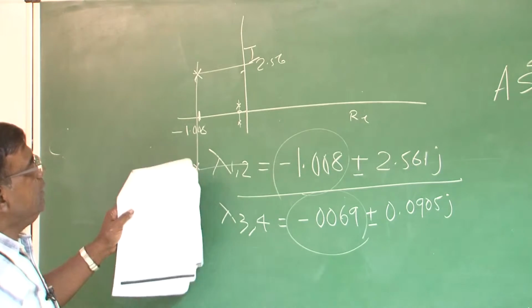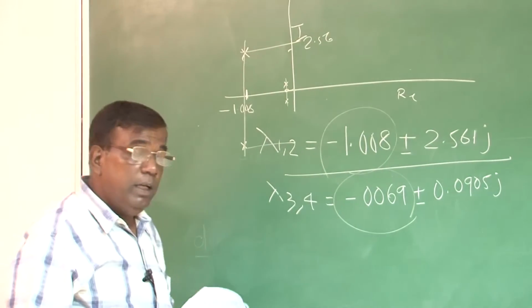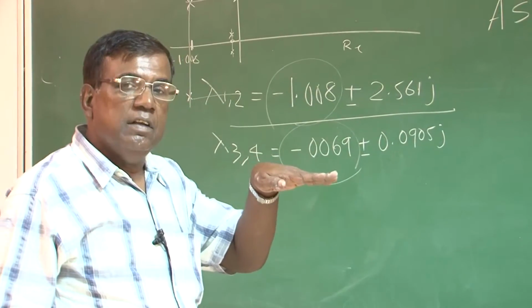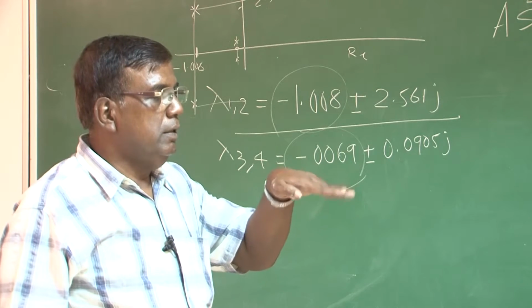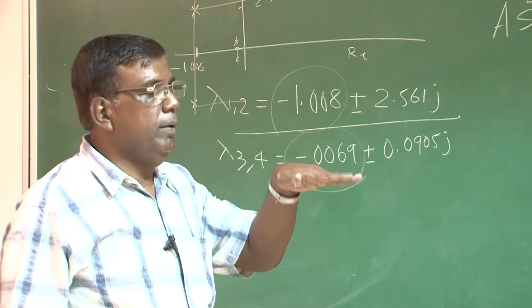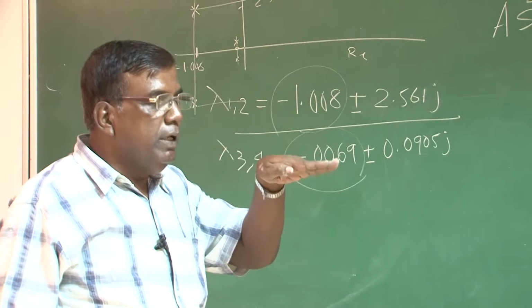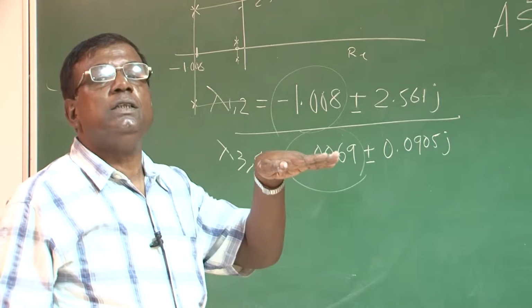Now, can you tell me which one will belong to short period? That means, what is short period? If slight disturbance is given, then the airplane will excite like this and come back to this equilibrium within a very short time, so short period. And within this short period, we can fairly assume that the u remains constant.